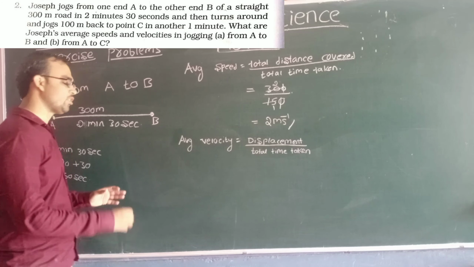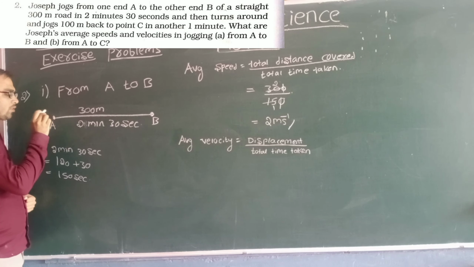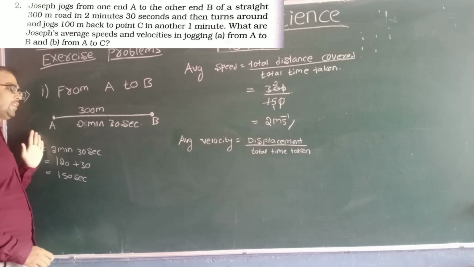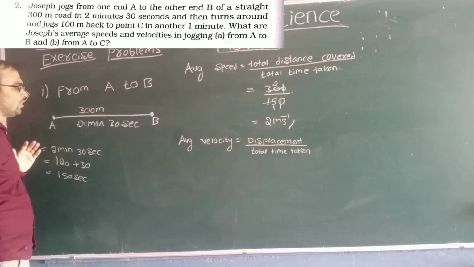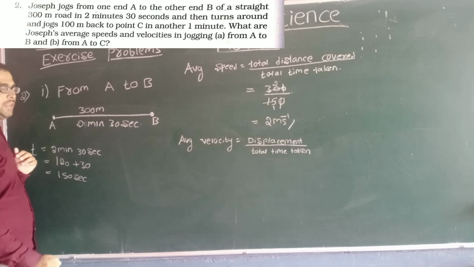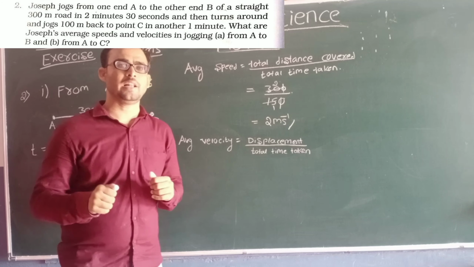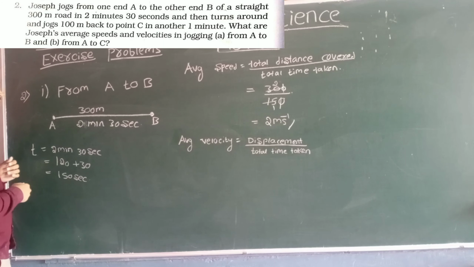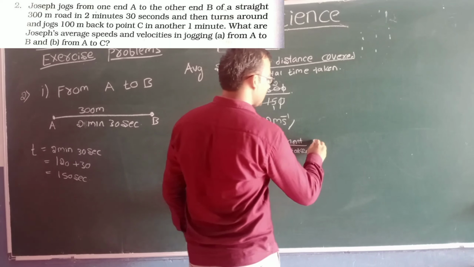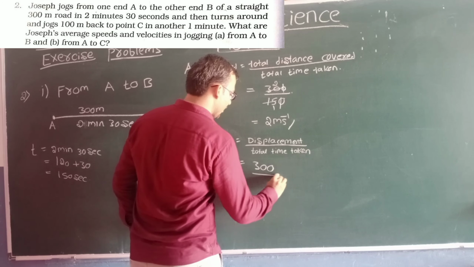In the first case, Joseph jogs from end A to B. He starts his journey here and ends his journey there, so this is the final point and this is the initial point. As I told you, displacement is the distance between the final and initial points, which is 300.